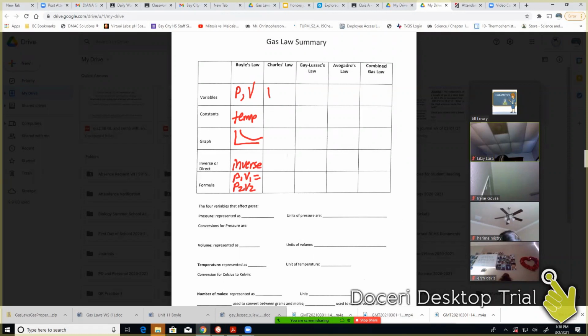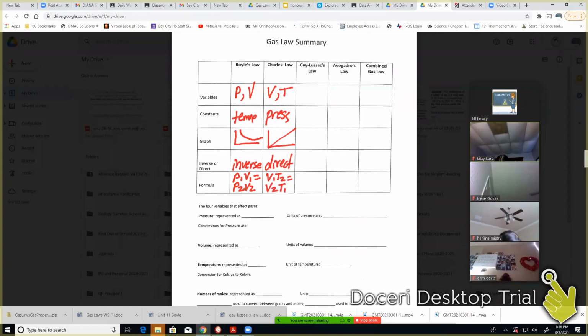And then next was Charles's, where we looked at volume and temperature. So pressure was held constant. It's a direct relationship, so its graph looks like that. In fact, all the rest of the ones that we're going to talk about are direct relationships. So this is direct. V1 T2 is equal to V2 T1.